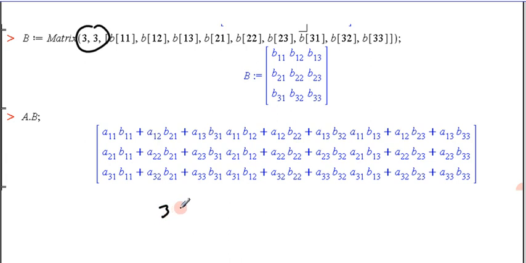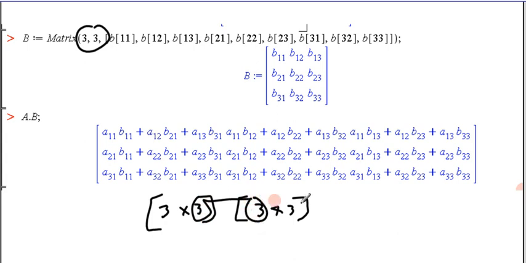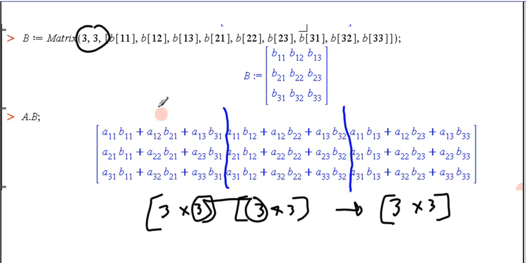So I have a 3 by 3 matrix, which is A, and I have a 3 by 3 matrix that is B, and the 3's are the same. When I get done and I'm multiplying, I end up with a 3 by 3 matrix. So I look and I have a bunch of plus signs, but I don't have anything there, and I don't have anything here. So that's first column, second column, third column.